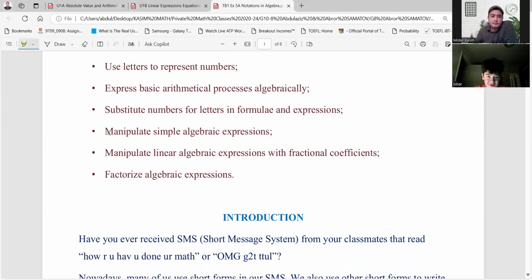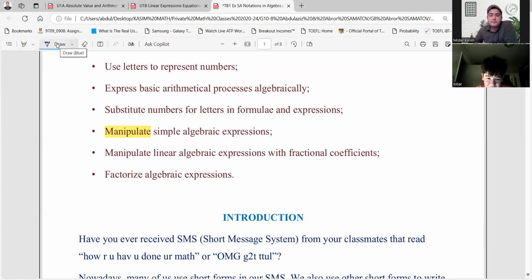Manipulate simple algebraic expressions. Manipulate linear algebraic expressions with fractional coefficients. Factorize algebraic expressions. Manipulate means writing something in different ways. For example, if I ask you in how many different ways you can write two?